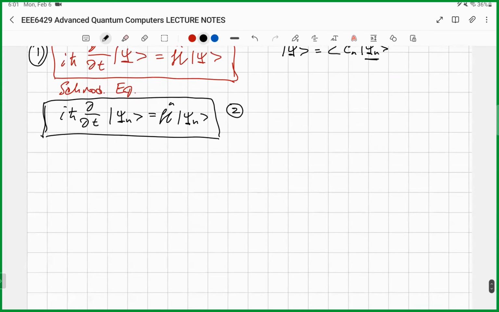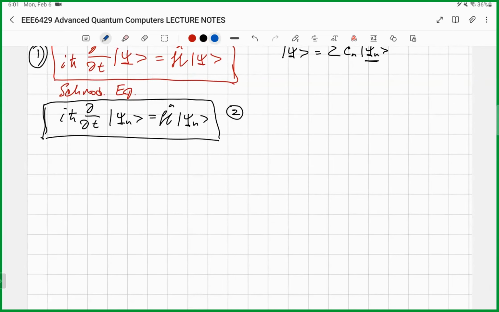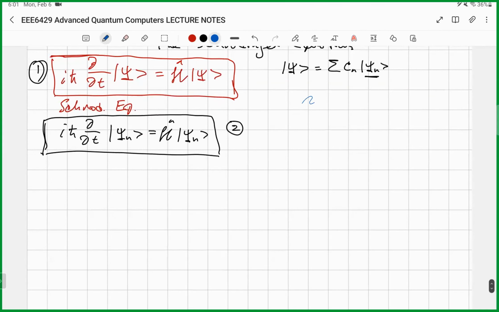The same way, sometimes people write this without this ket-bra notation, you of course can sometimes write this simply by psi, and then your equation will be i h bar d psi over dt equal to the Hamiltonian psi.